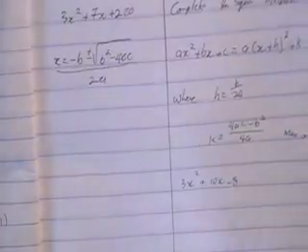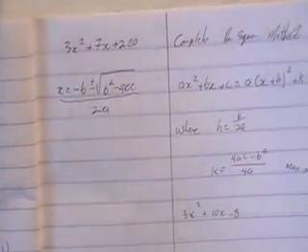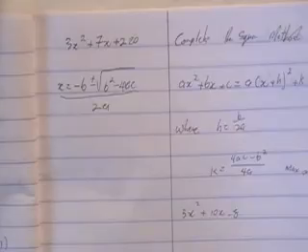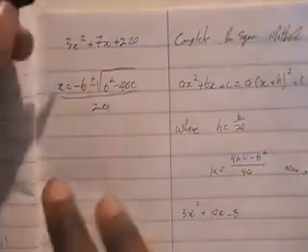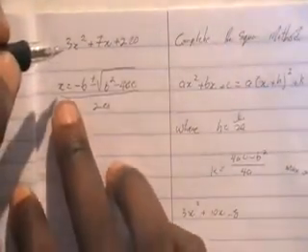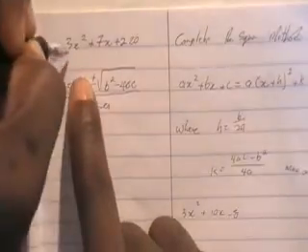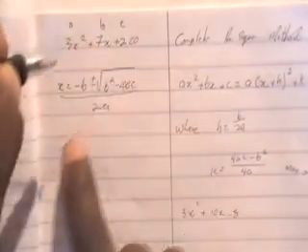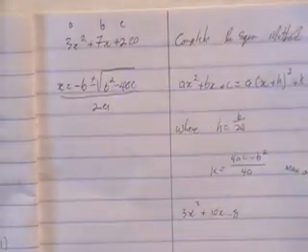This quadratic here, which is 3x squared plus 7x plus 2 is equal to 0. Well, you know, this is A, we did this already. B, and this is C. So I think we should stop here and then we'll continue a bit later.